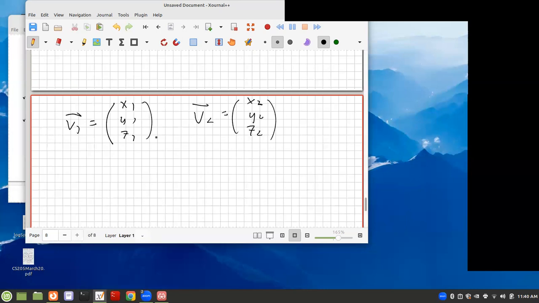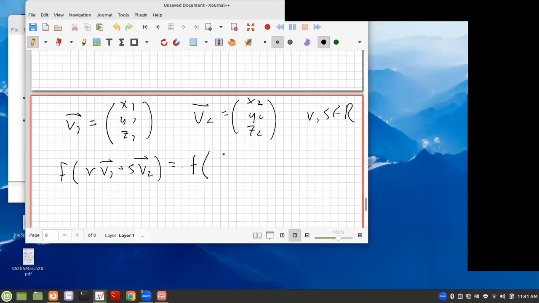So you see here I've got two vectors. Then I'm going to choose two numbers, r and s, real numbers. And then I want to do f of r times V1 plus s times V2, the same thing I did before.